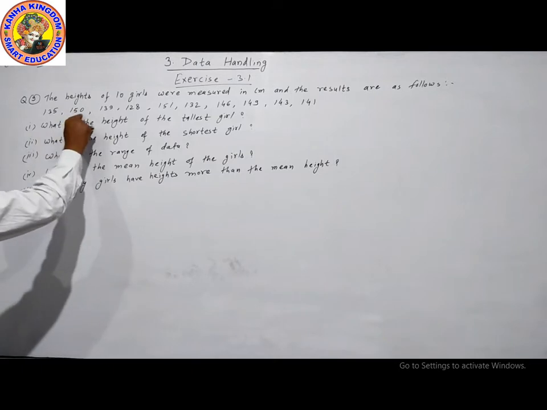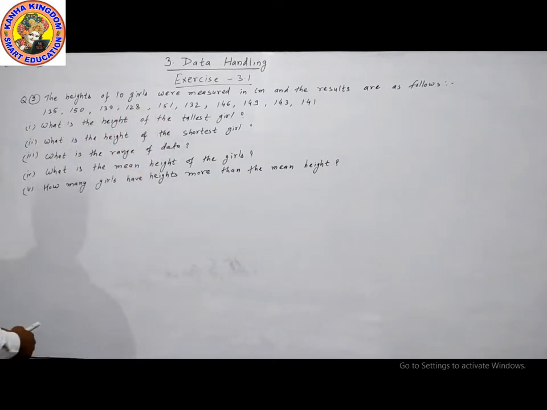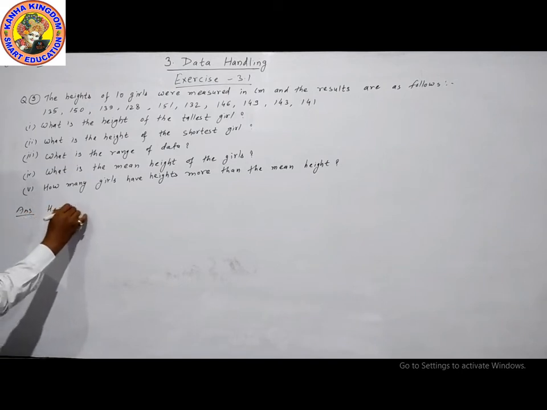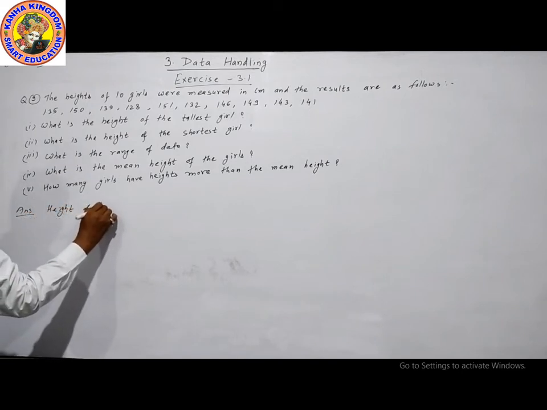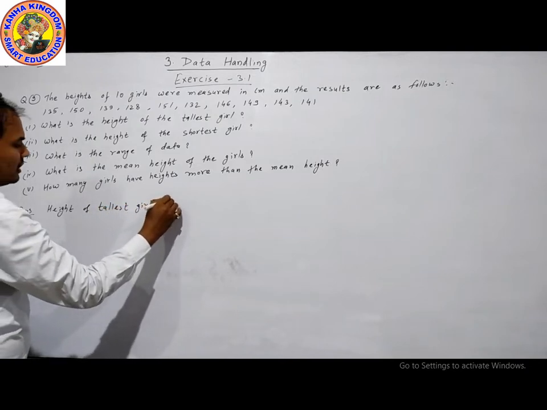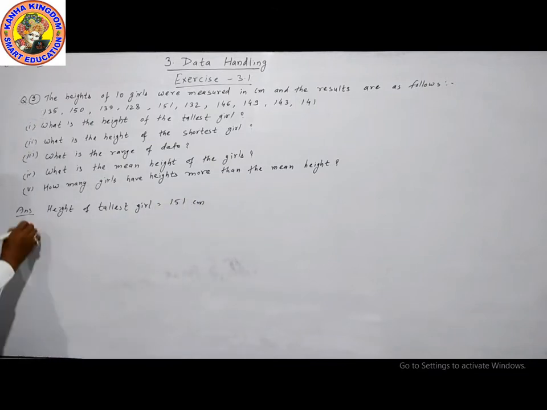The highest value is 151 centimeter. Answer: the height of the tallest girl is 151 centimeter.